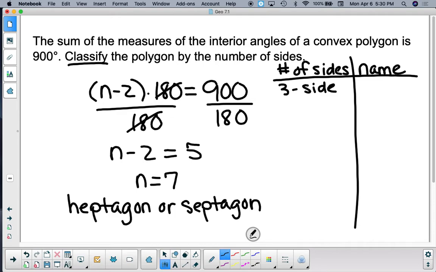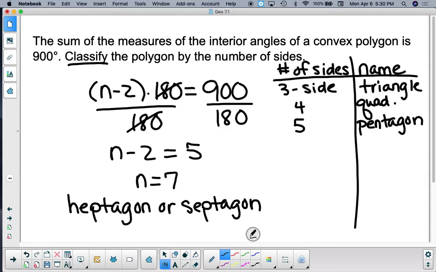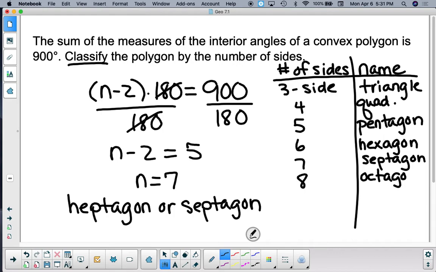It has 3 sides, it's a triangle. 4 sides is a quadrilateral. 5 sides is a pentagon. 6 sides is a hexagon. 7 we just did, so it'd be septagon or heptagon, either one's fine. 8 sides is an octagon. 9 sides is a nonagon. 10 sides is a decagon.